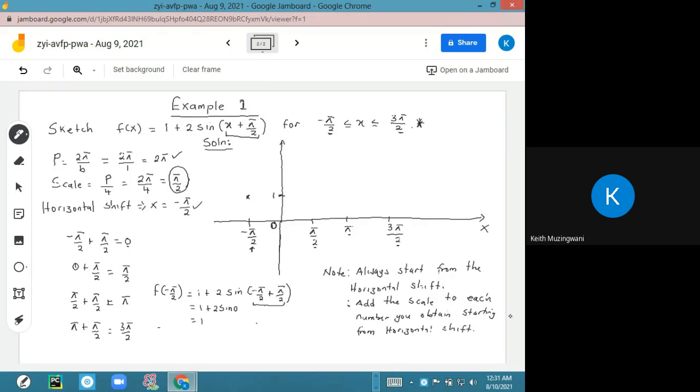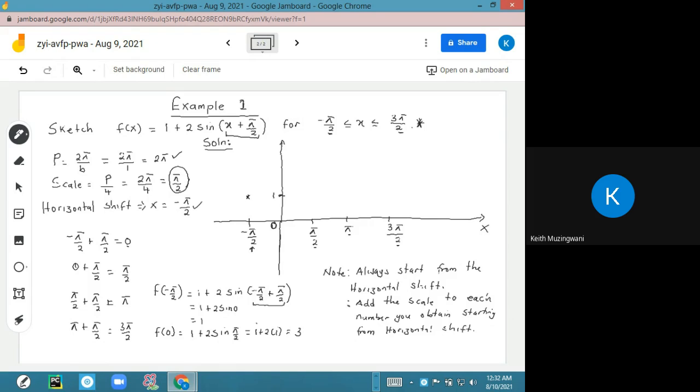We move to 0. What is f of 0? F of 0 is 1 plus 2 sine pi over 2. Since where there is x, we'll place a 0. 0 plus pi over 2 is pi over 2. Now, pi over 2 is 90. What is sine 90? Sine 90 is 1. So we are dealing with 1 plus 2 multiplied by 1, giving us 3.